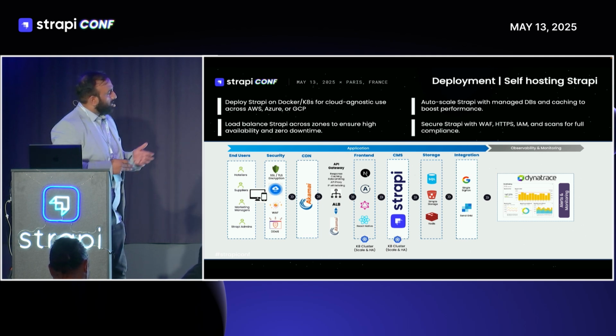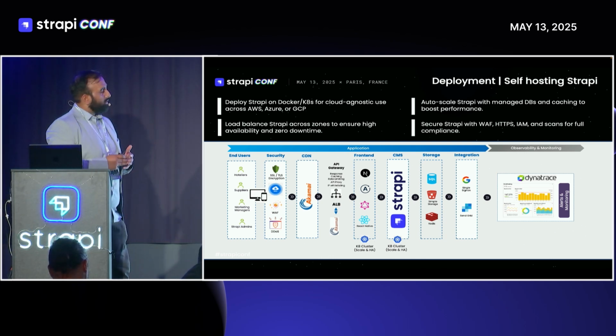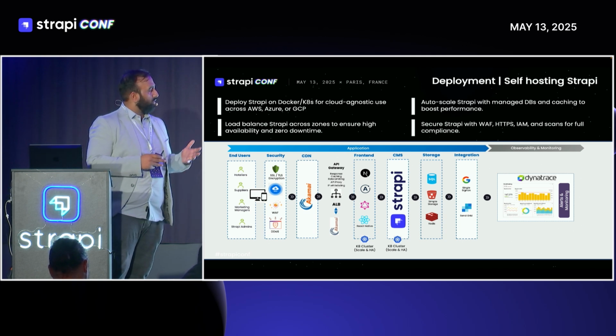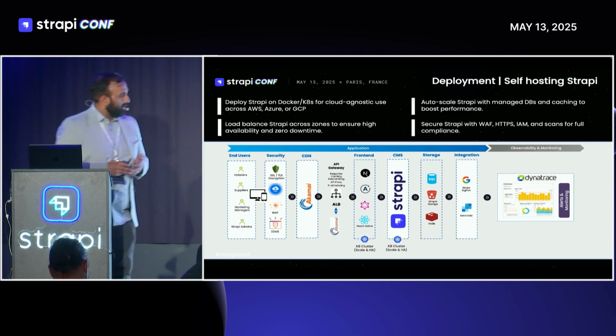We set up a storage layer where we were using PostgreSQL and simple storage solutions for assets. And when you are making your content management system highly available, you have to ensure that caching is also well connected using platforms like Redis.